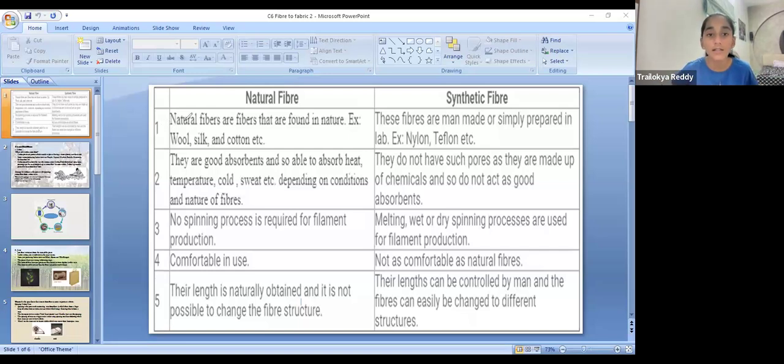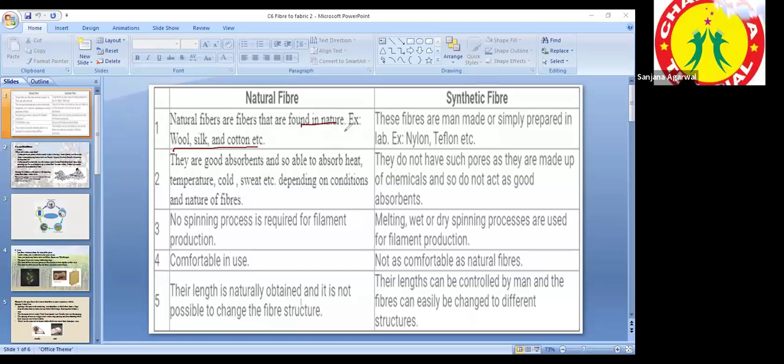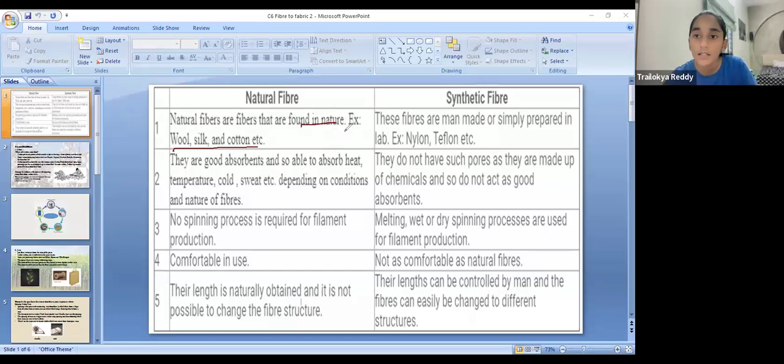Examples: wool, silk, and cotton, etc. They are good absorbents. Read the corresponding line of synthetic also. Synthetic fibers are man-made or prepared in a lab. Examples: nylon, Teflon, etc.